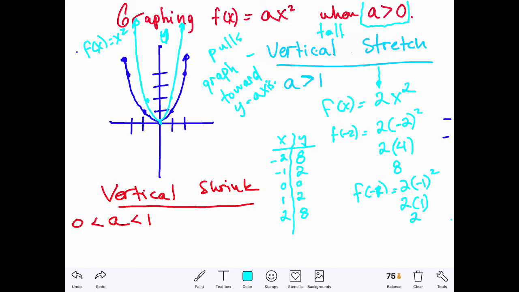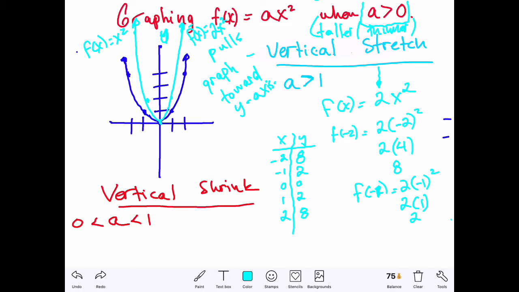Taller, thinner. So that would be a vertical stretch of a factor of 2 of our parent function, which was f of x equals x squared. So this one again is f of x equals 2x squared.